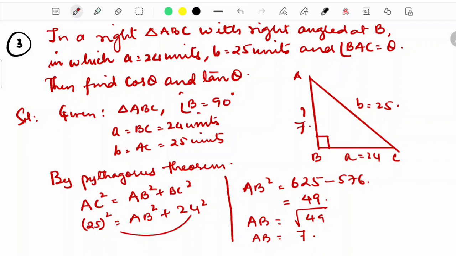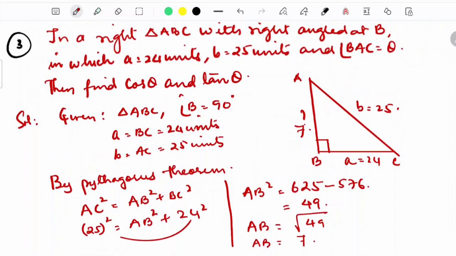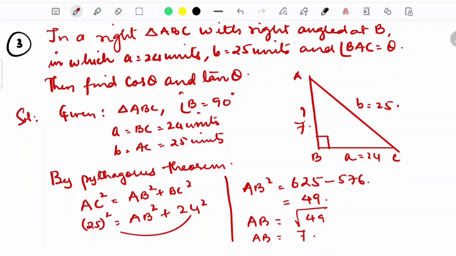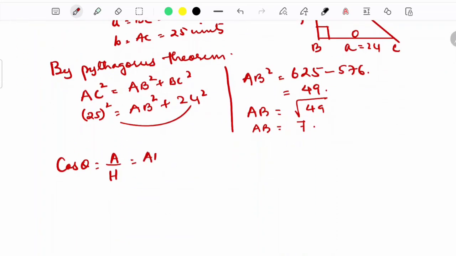Now he is asking to find cos theta and tan theta. Cos ratio is adjacent over hypotenuse. Theta is given as angle BAC, so this angle is theta, this is opposite and this is adjacent. Adjacent is AB, so it will be AB over hypotenuse AC.